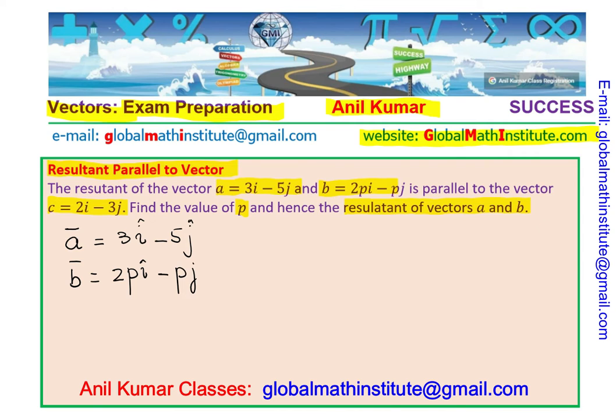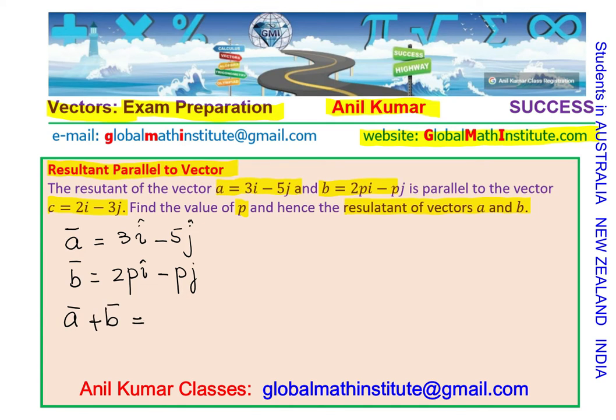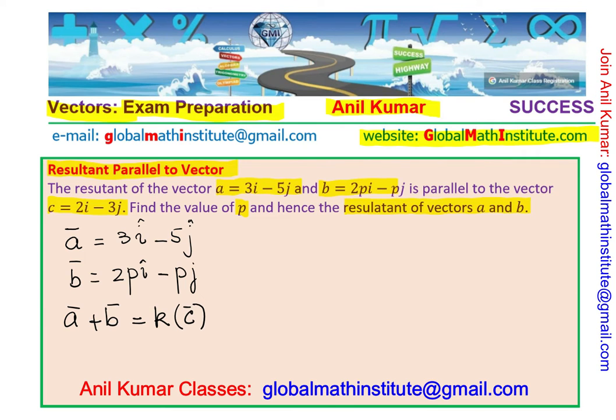Resultant means you add them up, right? And so A plus B is parallel to the vector C, which means it is a scalar multiple, so let's say k times C. So that is what we need to figure out.